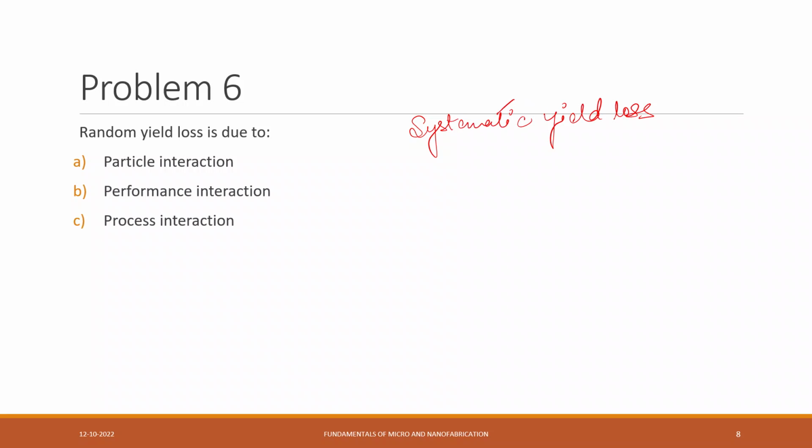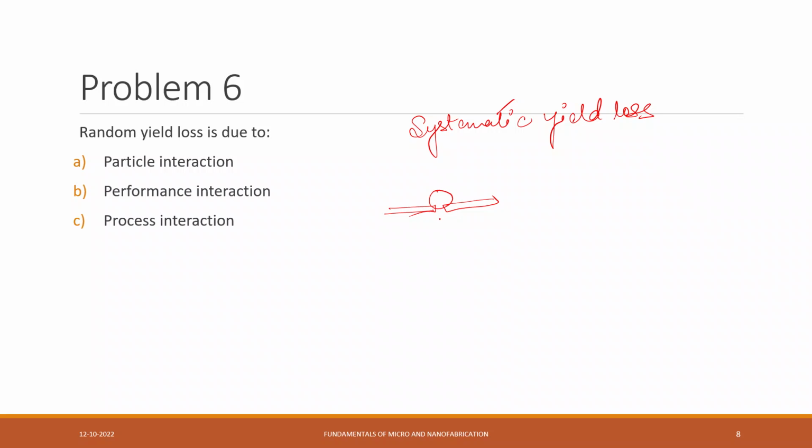So what do the three terms mean? Particle interaction means that if you have two interconnects here, and some particle sits on it, it can short your devices.